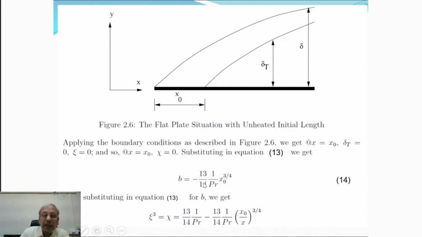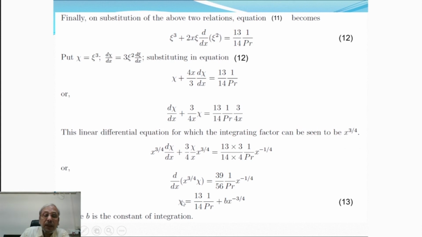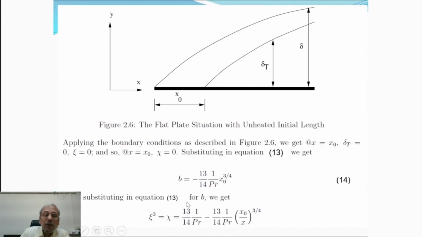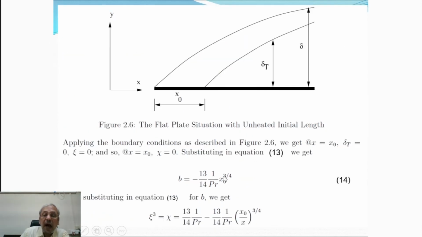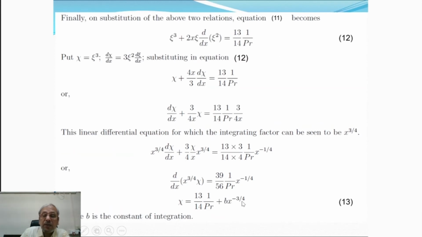So when we get b, then we get the complete expression for chi. So chi becomes 13 by 14, 1 by Prandtl number minus 13 by 14, 1 by Prandtl number, x naught by x, because in the expression we have b x to the power minus 3 by 4, and this x naught by x to the power 3 by 4.